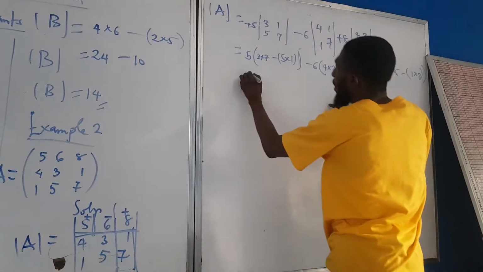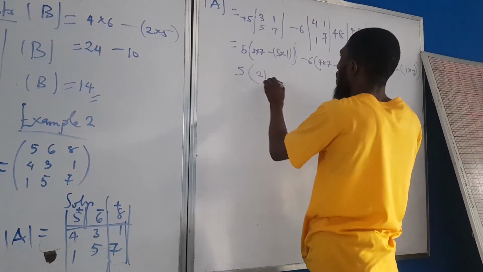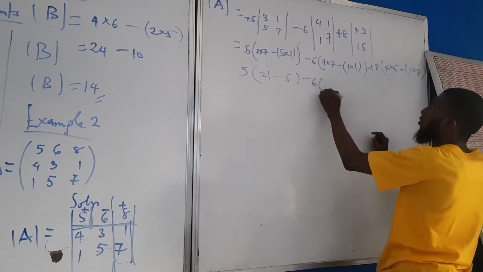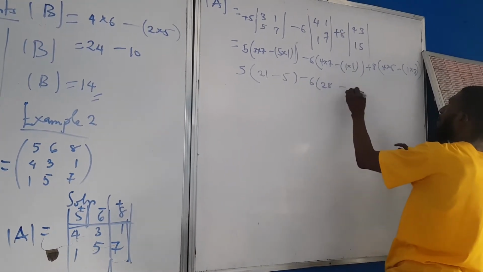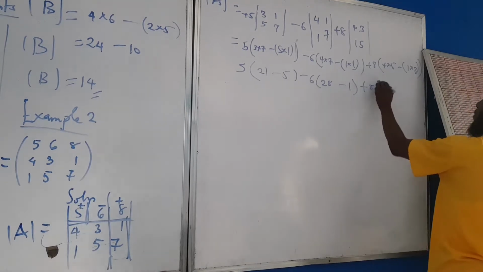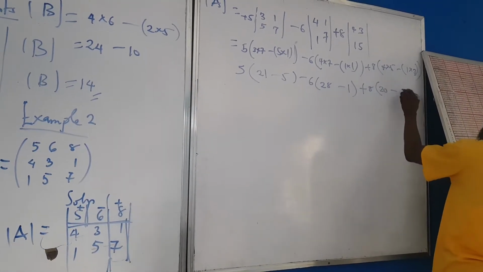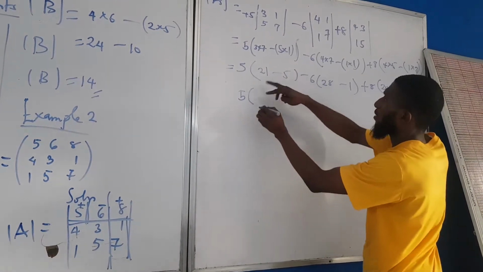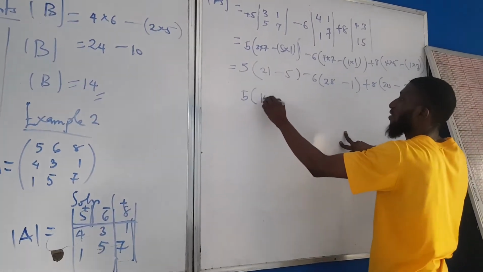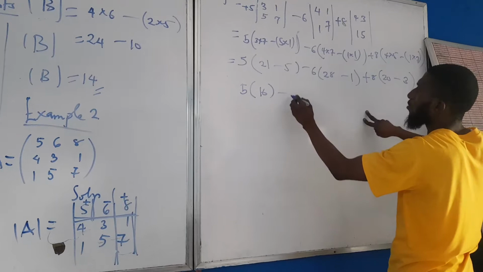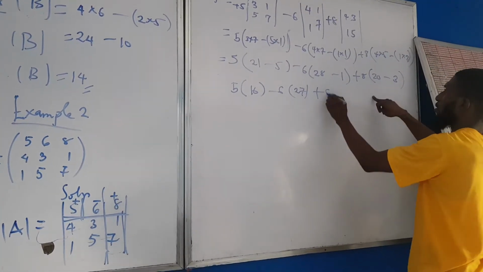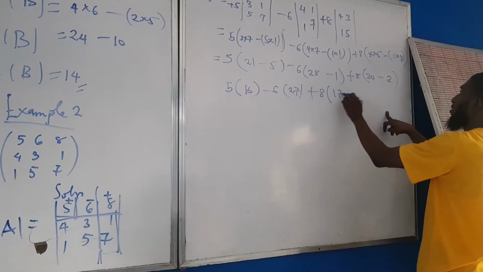Then from here now we have 5 into bracket 21 minus 5, minus 6 into bracket 28 minus 1, plus 8 into bracket 20 minus 3. Then 5 into bracket 16, minus 6 into bracket 27, plus 8 into bracket 17.